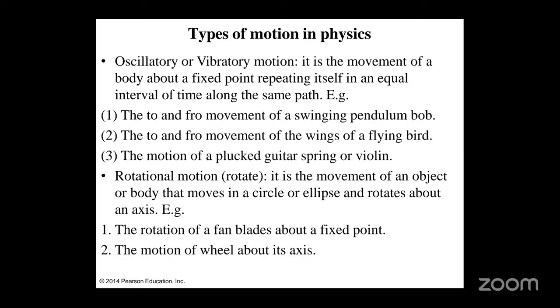If you have seen a clock, a bell will give you this kind of motion, to and fro motion. Then a simple pendulum is also another example of this type of motion, to and fro motion.